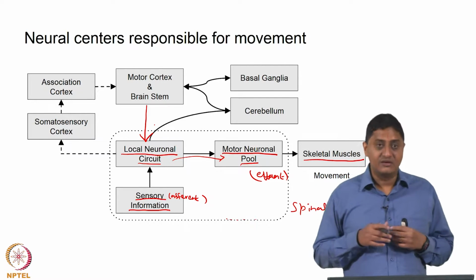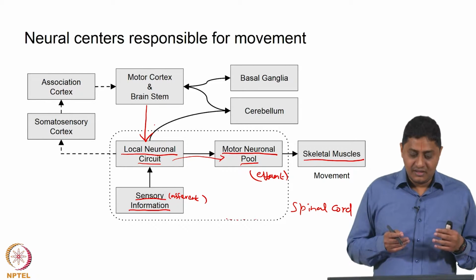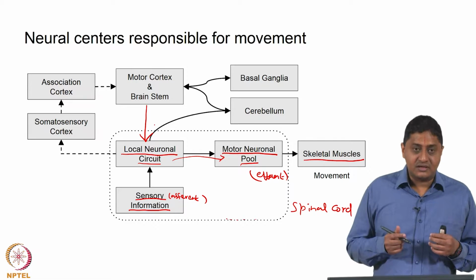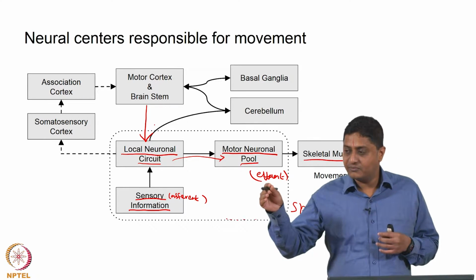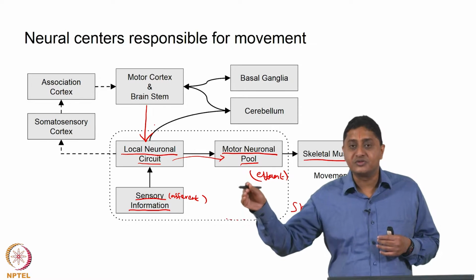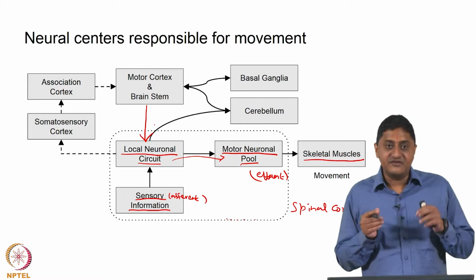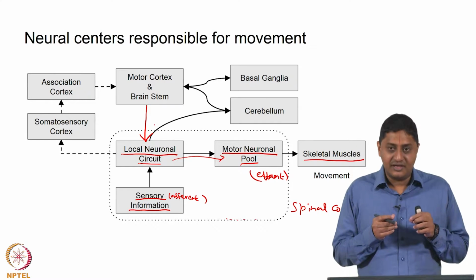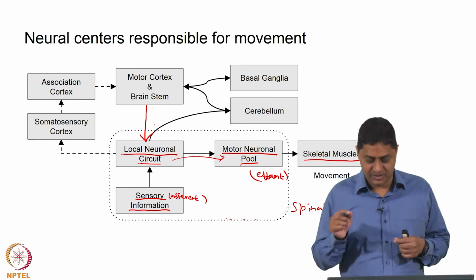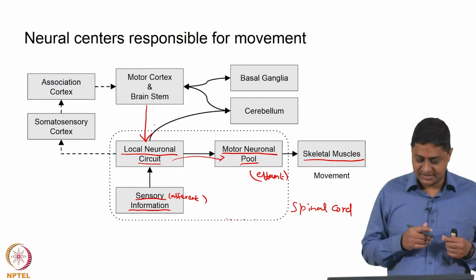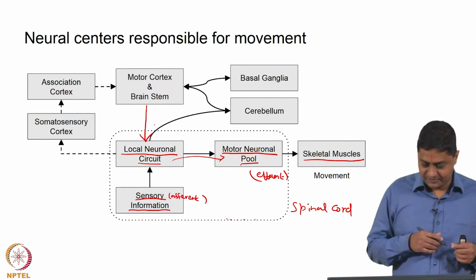We discussed this while discussing the case of the size principle. We said that the motor cortex or the brain cannot decide which particular muscles or motor units to recruit, right. The brain cannot decide which particular motor units to recruit. It can only decide other things, but not which specific ones. This we discussed during the discussion on the size principle.